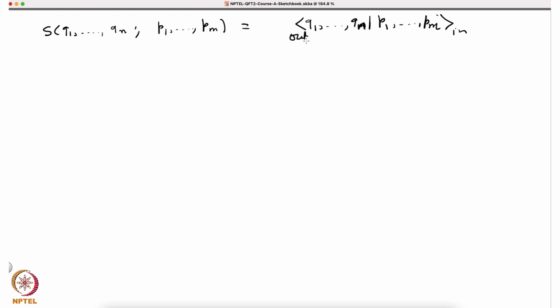By lowest order, you would mean that if you were to put lambda equal to 0, whatever you get is the result of free theory. We have already seen that in free theory. So I am just going to write S now, this object, in free theory, you get the following.